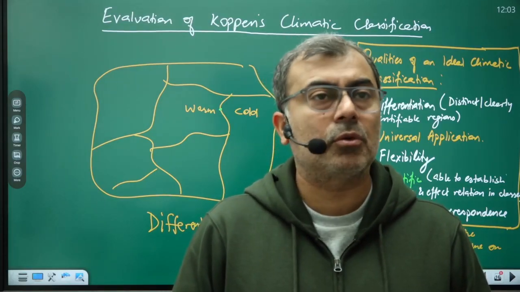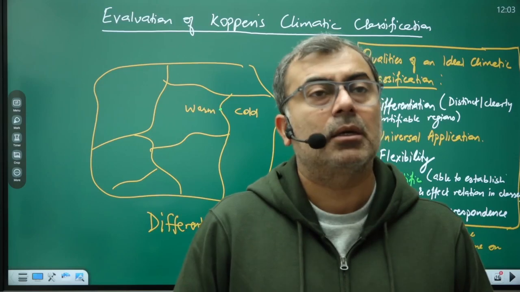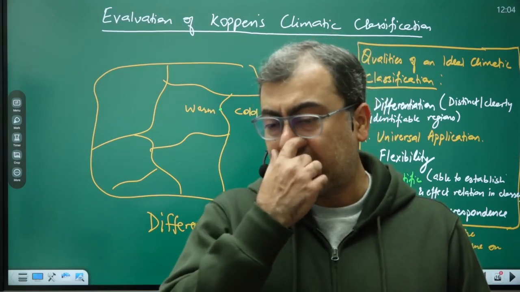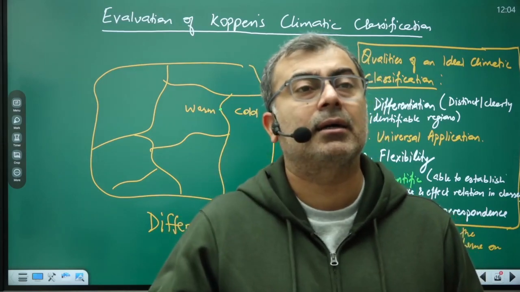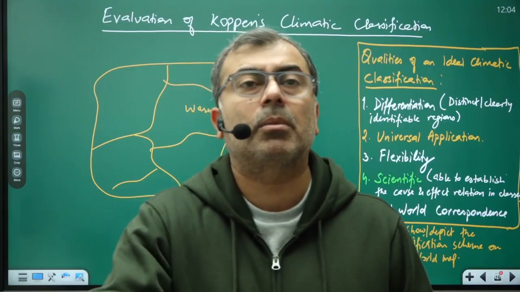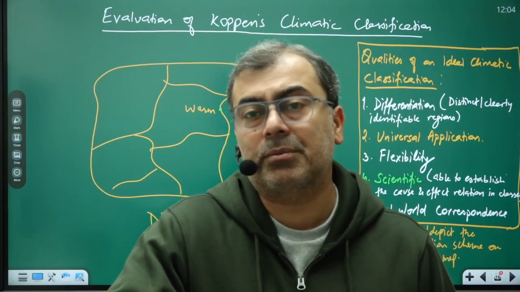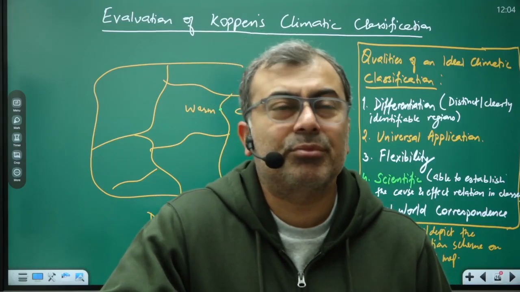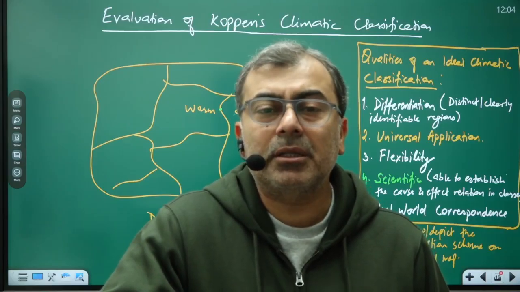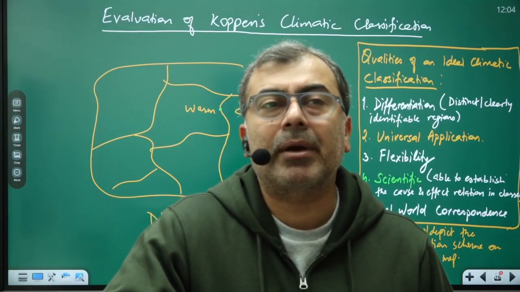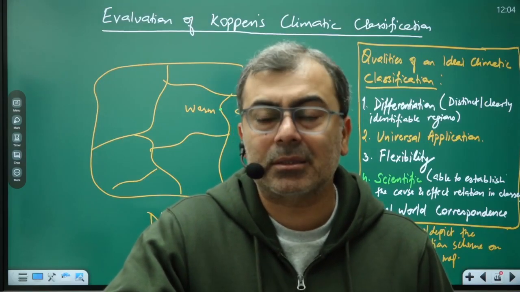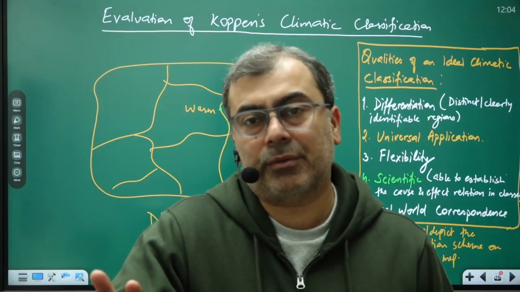ठीक है, कॉपन को बहुत बुरा भी कह दिया हमने, ये नहीं है वो नहीं है. But I really feel, you know, it is unfair to talk about Koppen not including jet streams. मतलब 2025 अभी तक तो we are not very clear, you know, what is the impact of jet streams, air masses. अभी तक we are not fully aware of that.